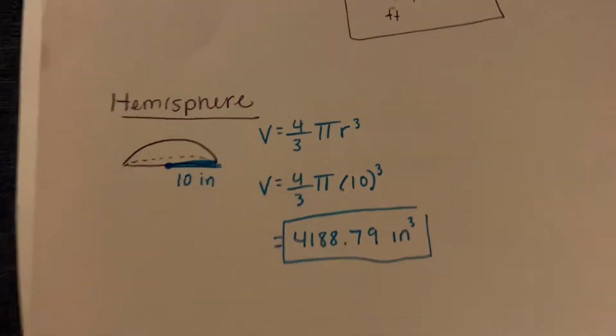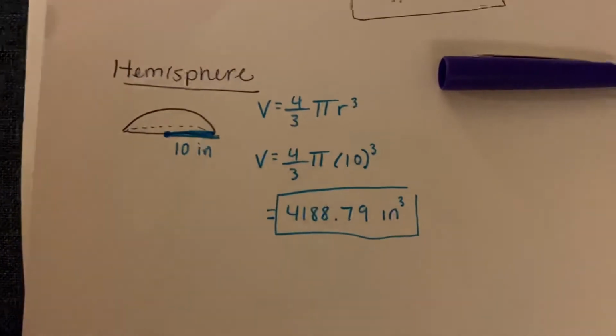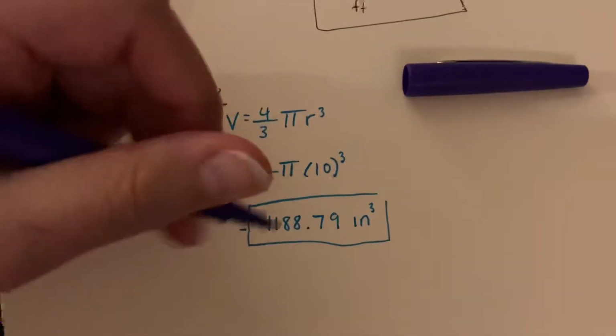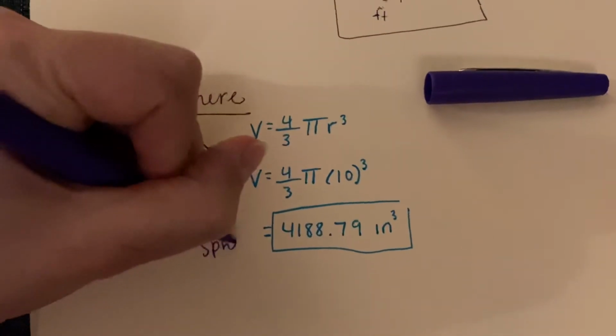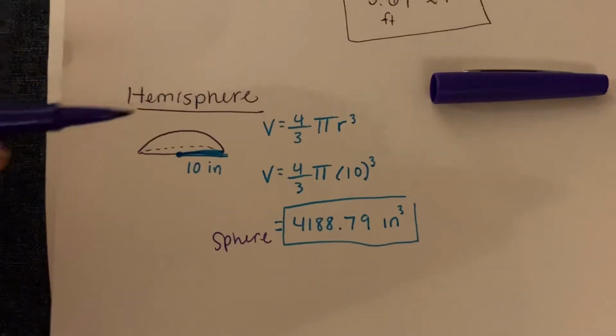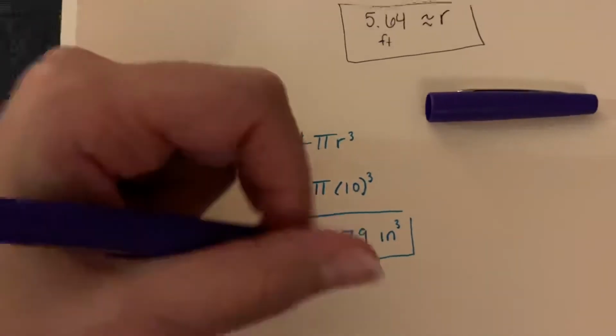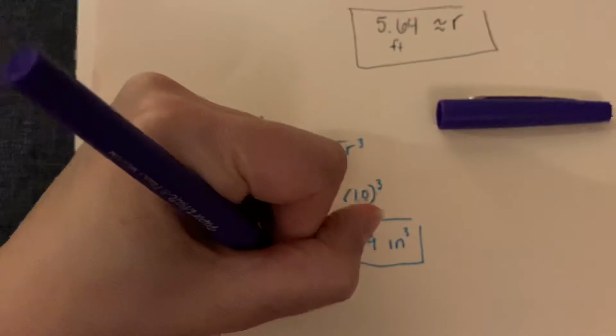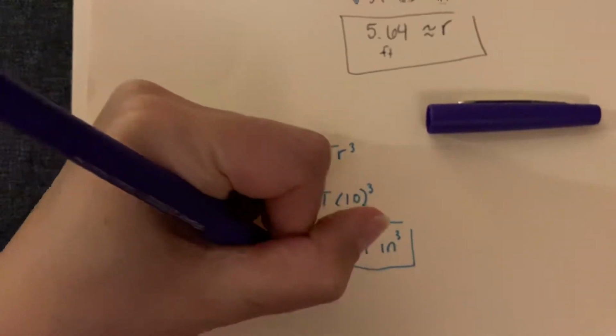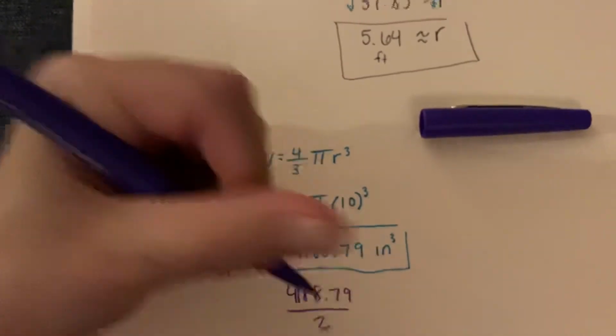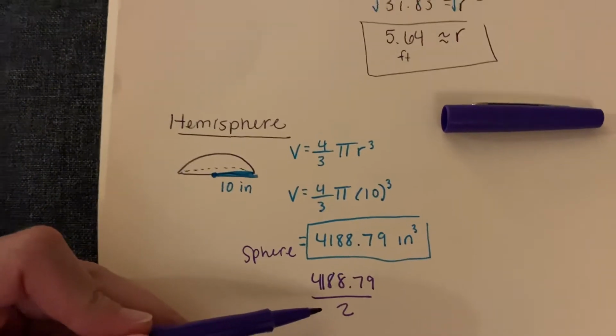This is not my final answer right here because in the other video I explained this is a sphere. We need half, so you need to take this and divide it by 2 because it's half.